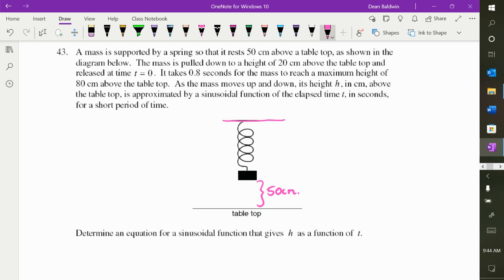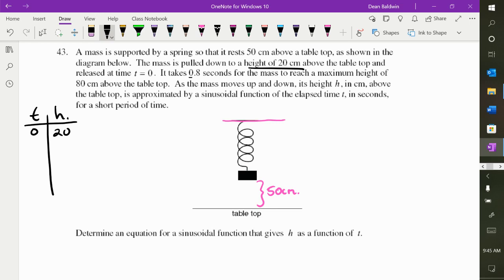Okay, let's make a little table of values here. Time, height. So it's height above the table. So we pull it down so that it is 20 centimeters above the table. So when t is 0, what's its height above the table? 20. We release it.